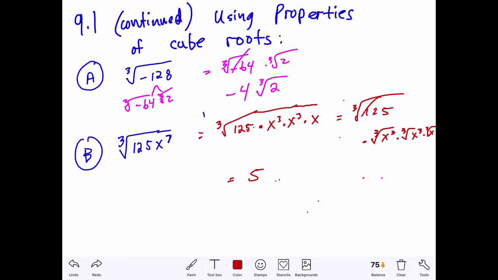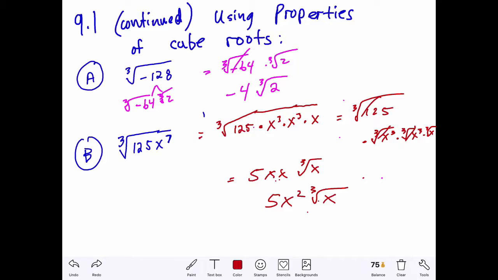The cube root of x cubed is x. The cube root of x cubed again is x. And then I've still got 1, the cube root of x left. So that's essentially 5x squared times the cube root of x.